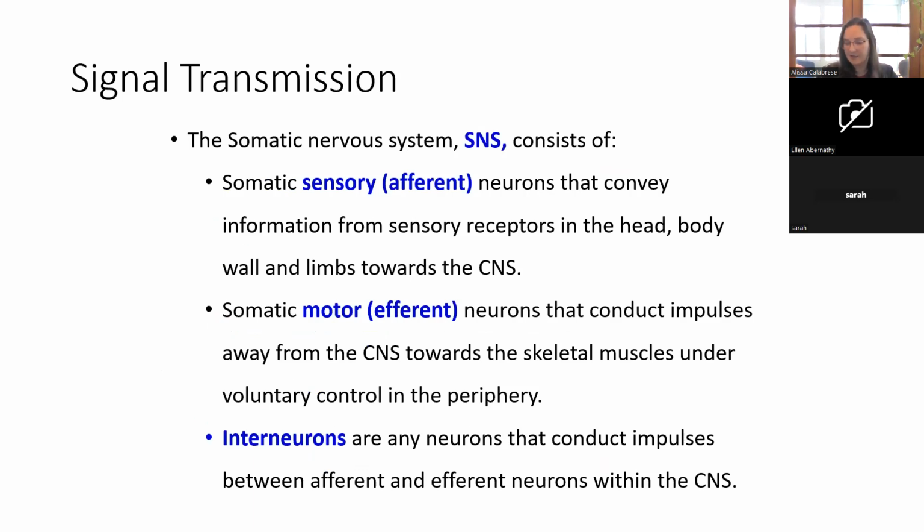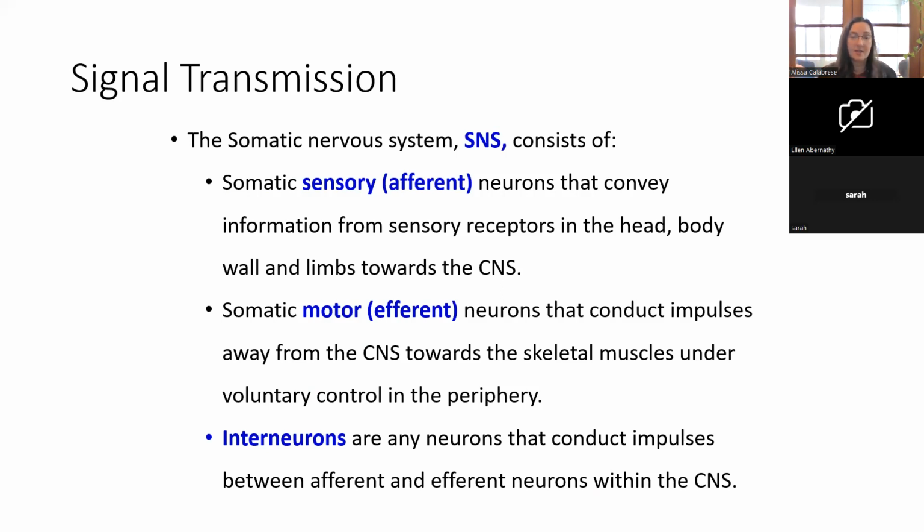Let's think about how signals are transmitted, right? That's the whole point of the nervous system, is to be able to send and receive signals, detecting changes in the environment and adjusting body systems to meet those challenges. So we can look at any branch of the nervous system, and we're basically going to have three parts to it. We're going to have sensory information.